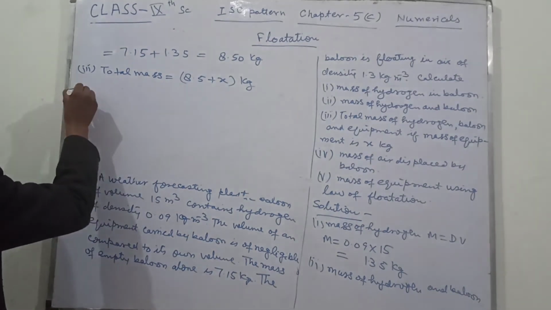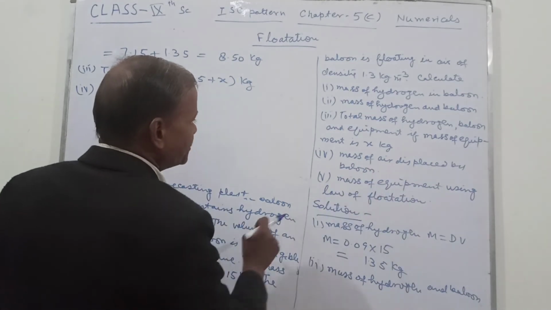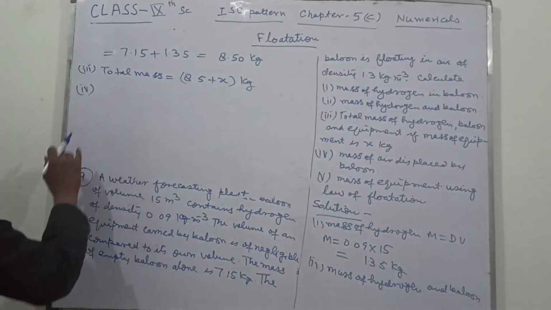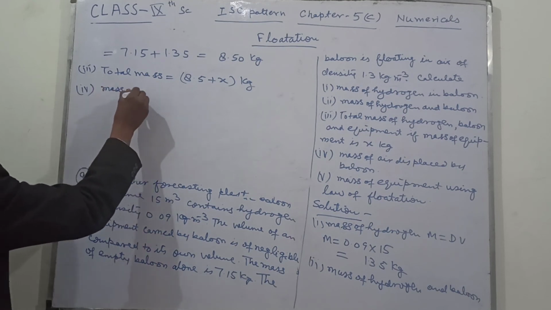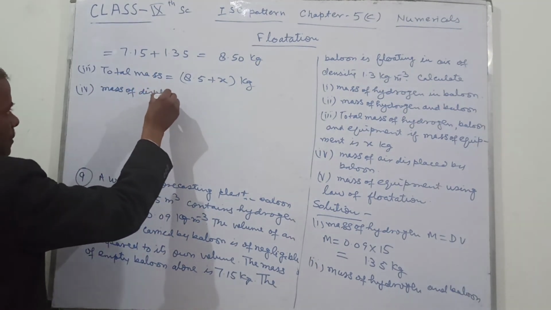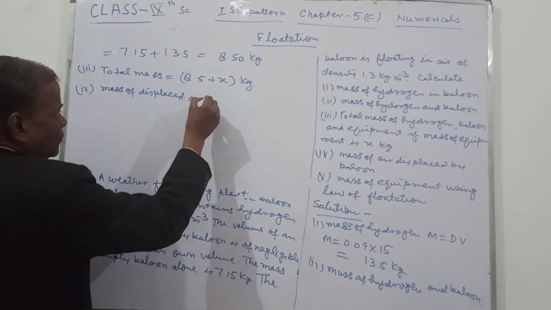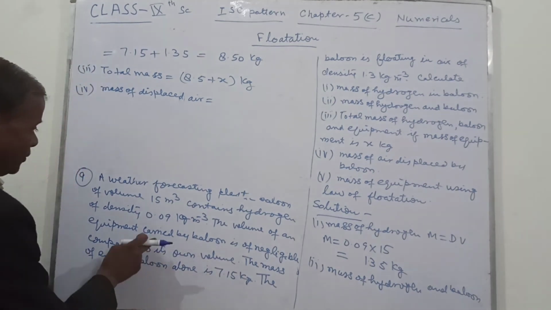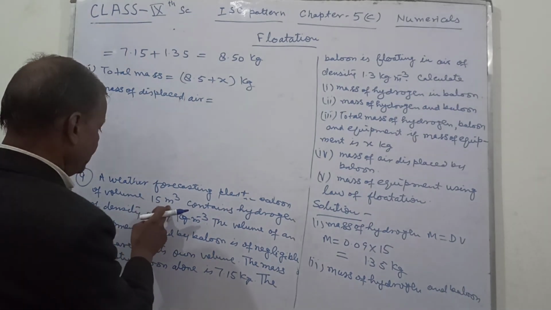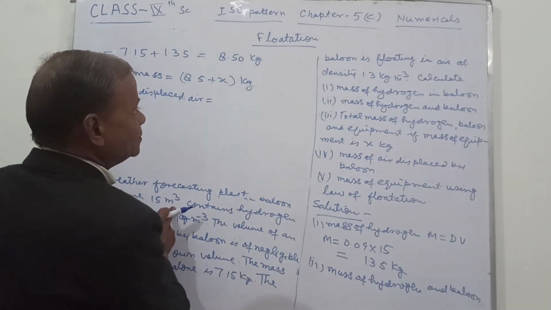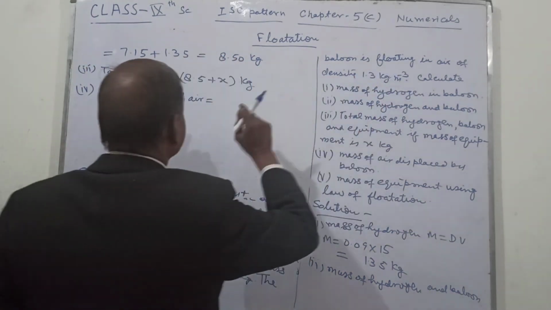And now fourth is the mass of the displaced air. It will displace the volume equal to the volume of this balloon. The volume of the balloon is 15, and the density of air is given to be 1.3.